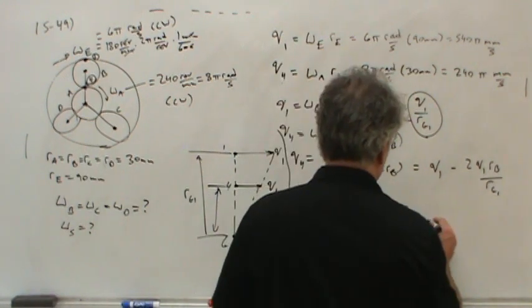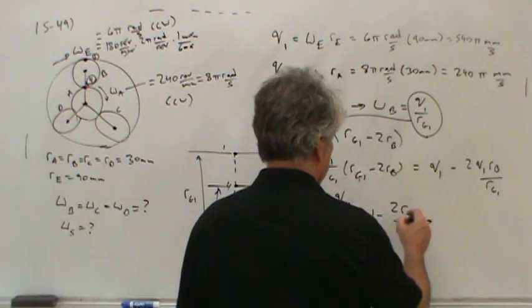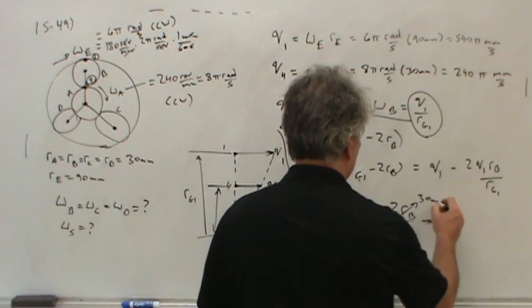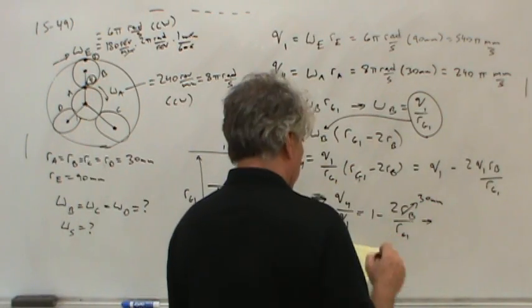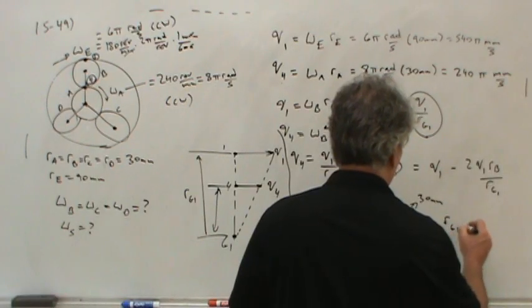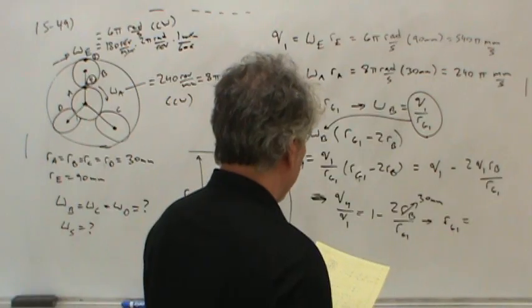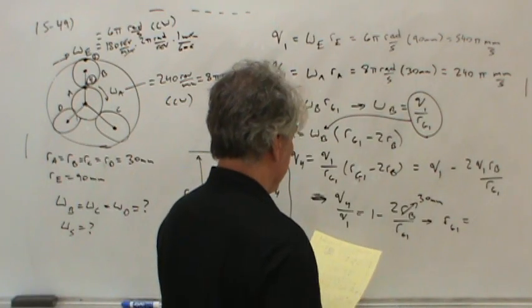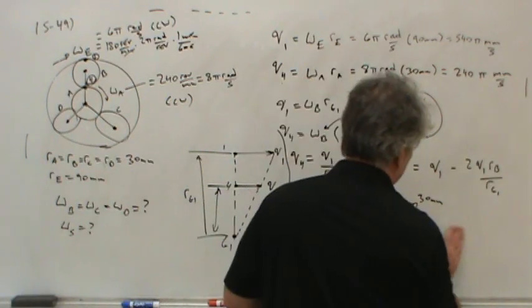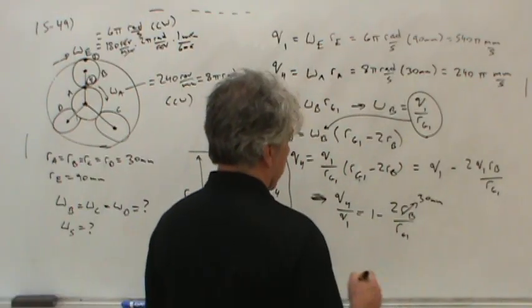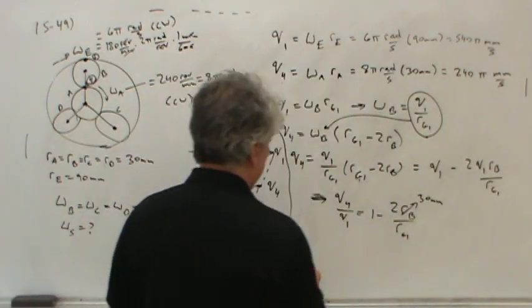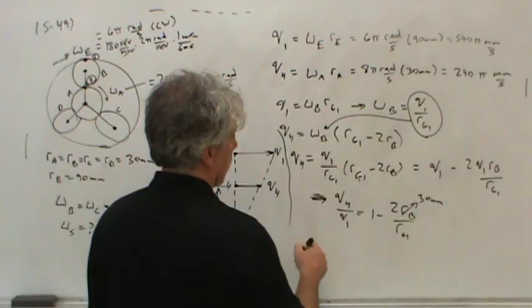So what that does for us is allow us to solve for RG1, because obviously RB is just 30 millimeter. And if we solve for RG1, let's see, we'll end up with, well, I guess I better do it at the board and make sure I didn't make a mistake there too in the algebra. Well, that's okay. So V4 over V1, those are just numbers.